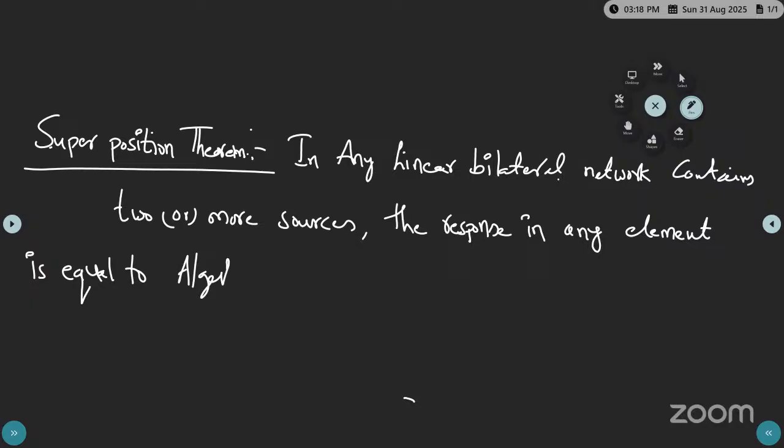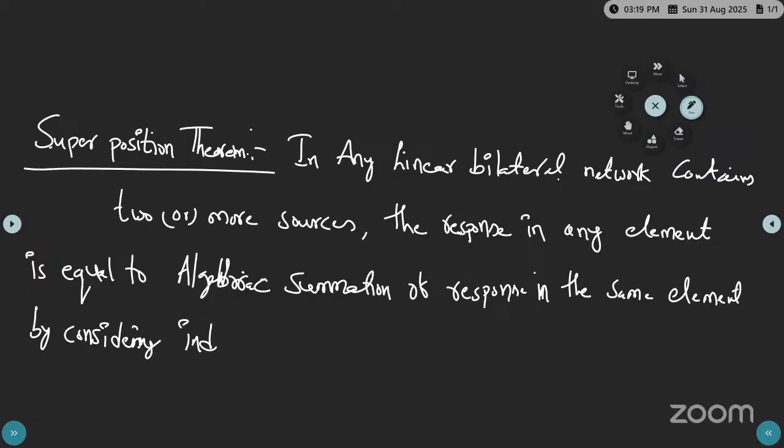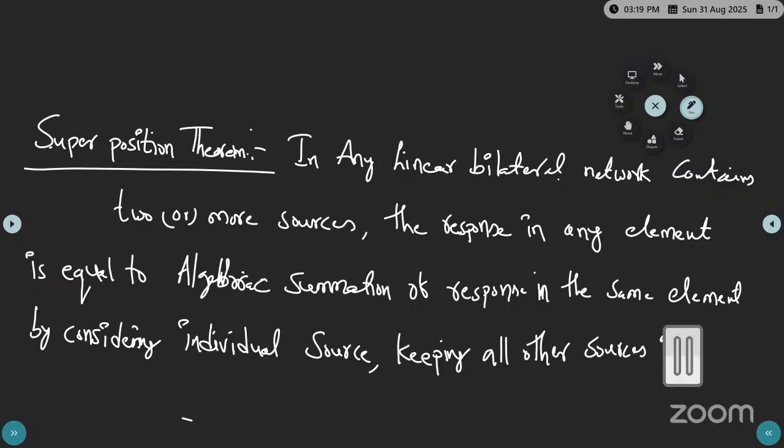algebraic summation of the response in the same elements by considering individual source, keeping all other sources inactive.